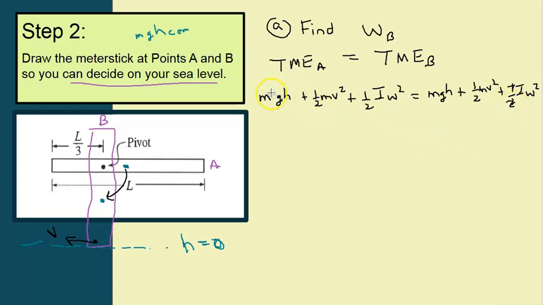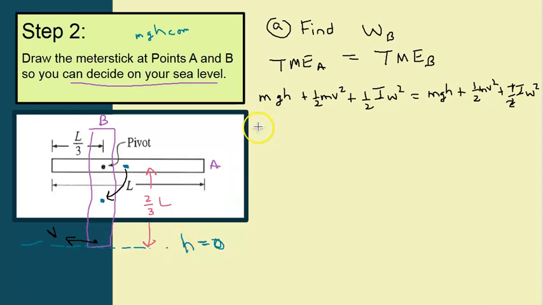Okay, so at point A, is the center of mass above sea level? Absolutely. This is really tricky. Don't go on autopilot, be really careful. It is 2/3 L above sea level because we define sea level as the bottom of that meter stick.